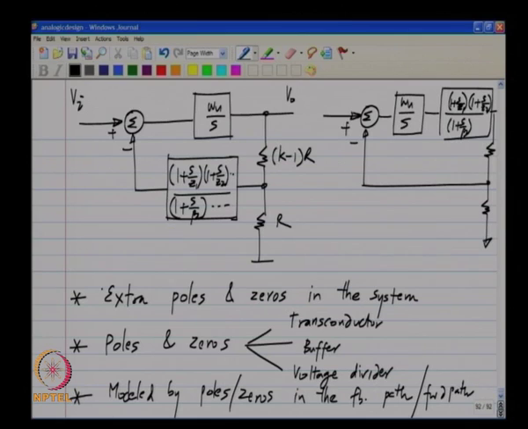So, for the sake of convenience, I will use this particular model, but you will reach the same conclusions whether you use that one or the other one.